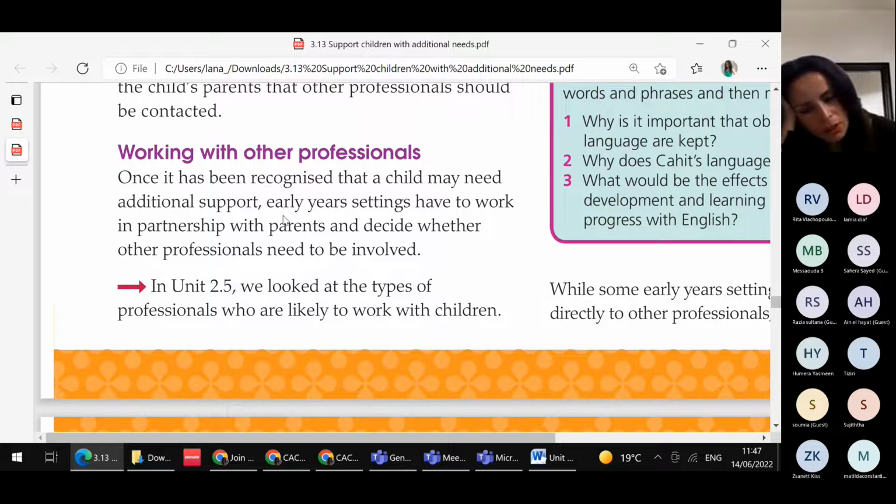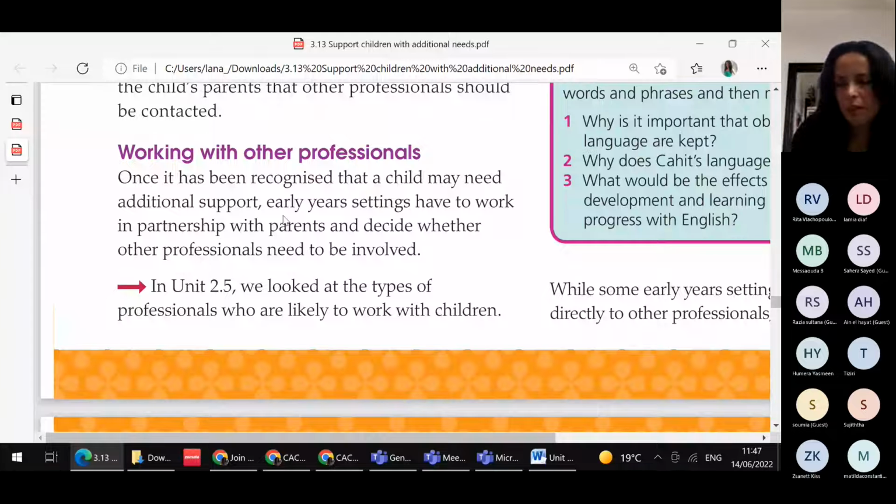Once it has been recognized that this child needs extra support, extra help, then we need to work in partnership with, for example, a doctor, a speech therapist, or a nurse. It depends on who's needed at this stage.